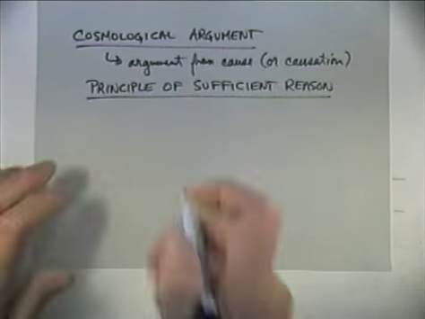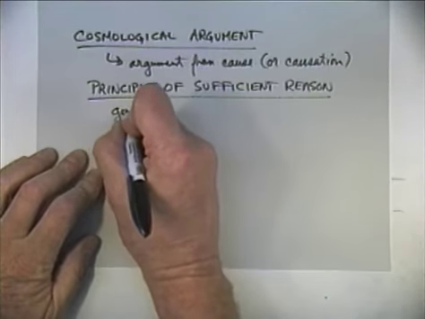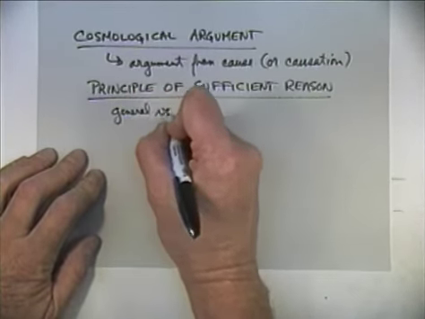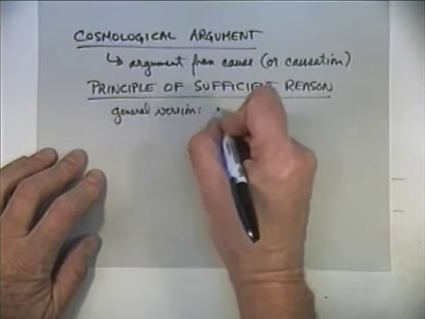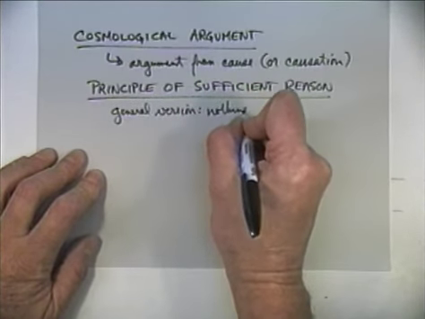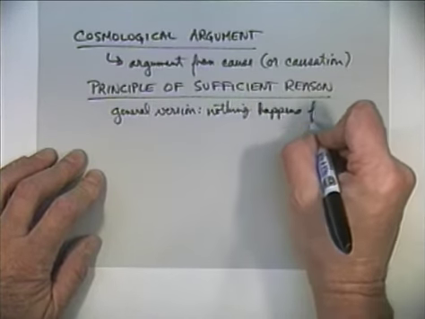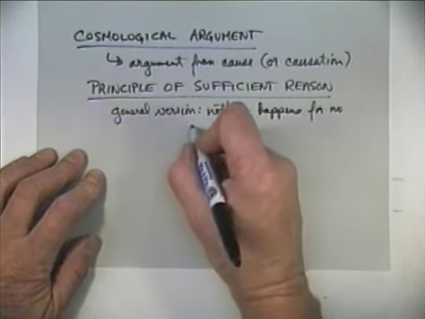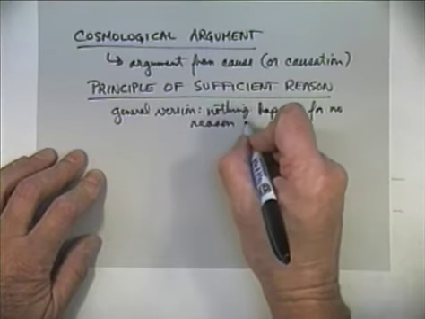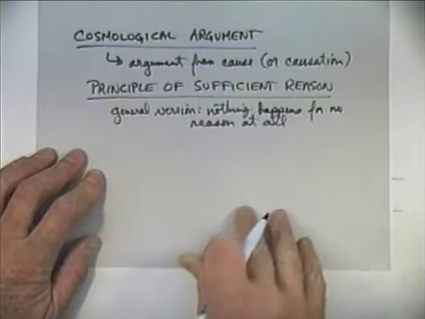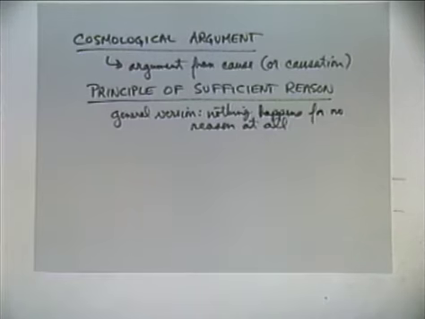The most general version is just what I said. Nothing happens for no reason at all. And again, do you remember when we talked about Aristotle's four causes?